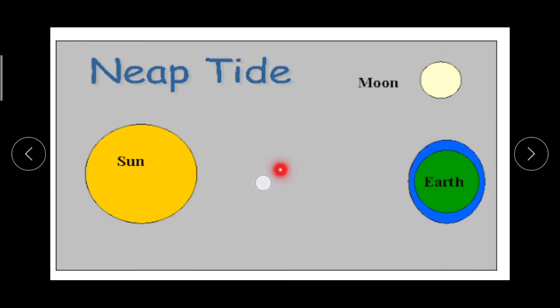And neap tide occurs because of the position of the moon, where the moon makes a right angle with respect to the earth and the sun twice a month. This position occurs on the first and the third quarter of each month.